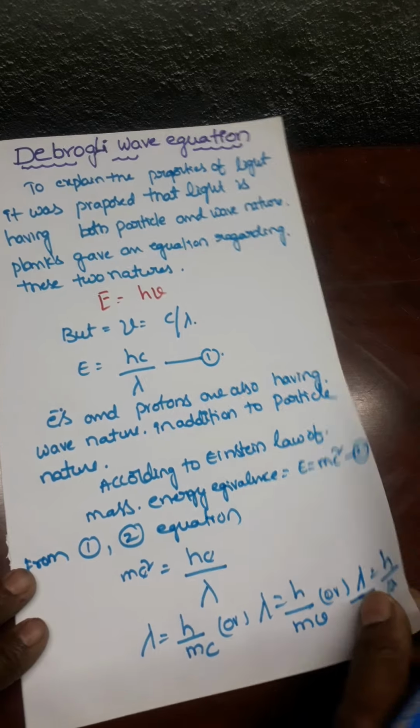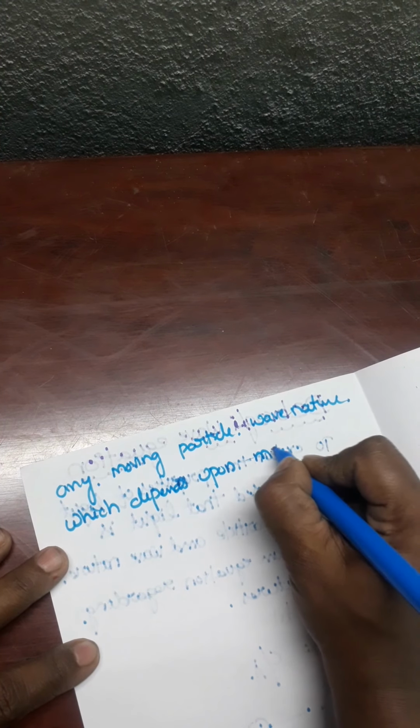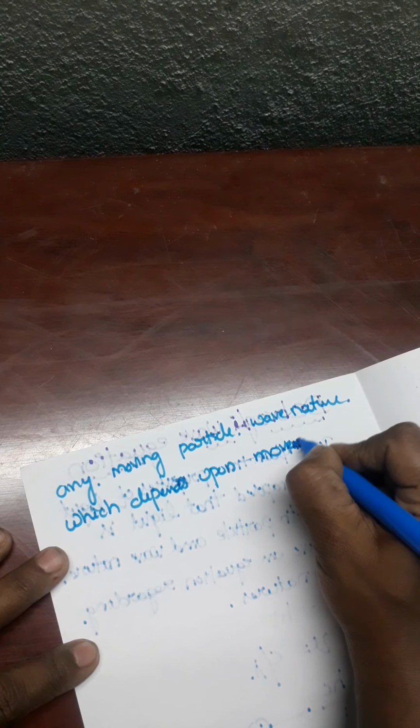Here de Broglie proposed that this relation is applicable to any moving particle, and it has a wave nature which depends upon the movement.